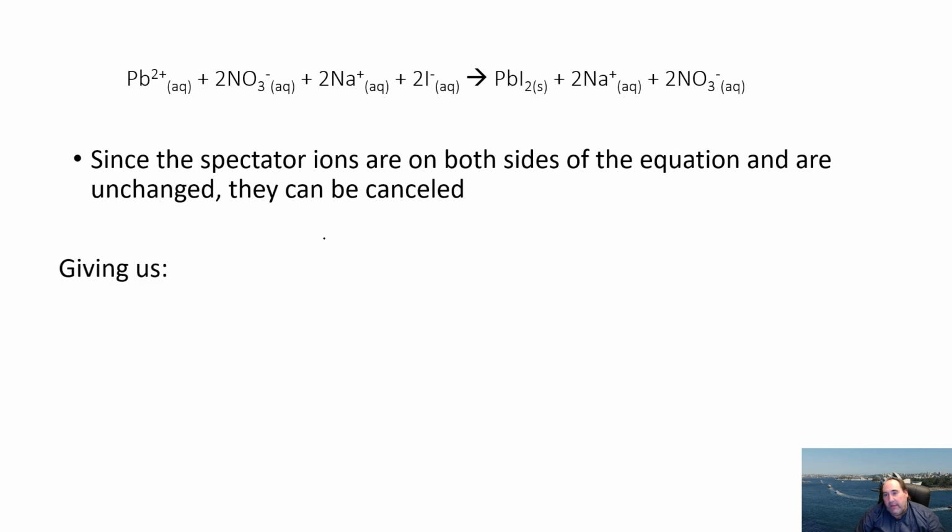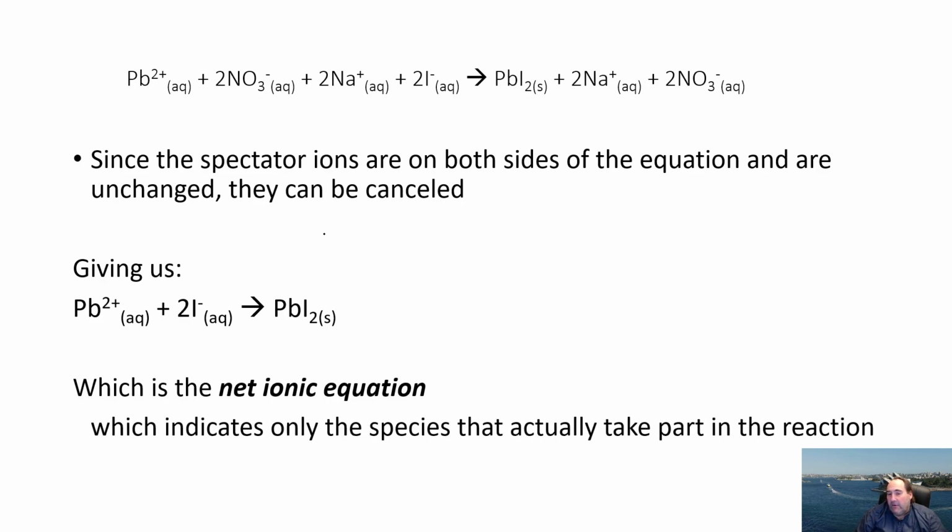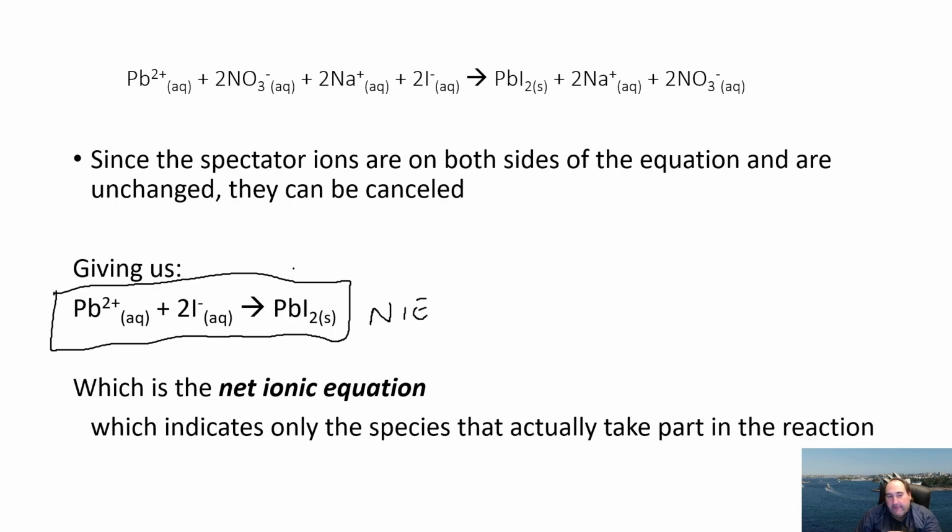And when we do that, that will leave us really the third type of equation that's important. That will leave us the net ionic equation in this case, and that is what we are left with here. And what is the net ionic equation? The net ionic equation is pretty much exactly what's happening in this reaction to make the product. Remember that one of the reasons why a reaction takes place is a solid being formed.